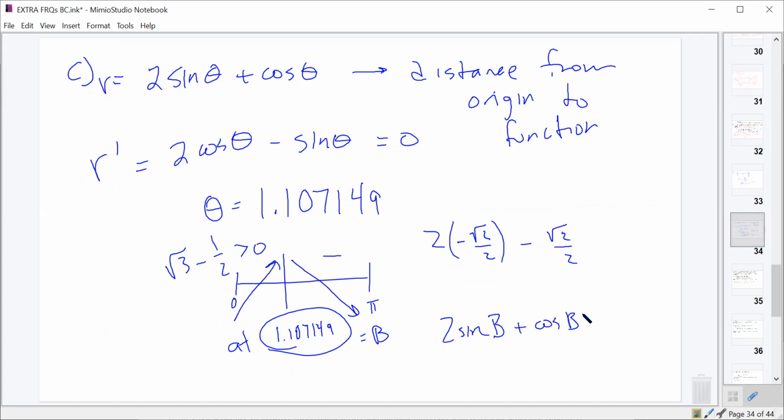That's our actual maximum distance, and that comes out to be 2.236 with some other decimals. That's our actual value. Good or no?